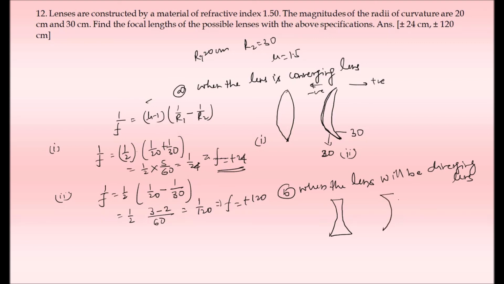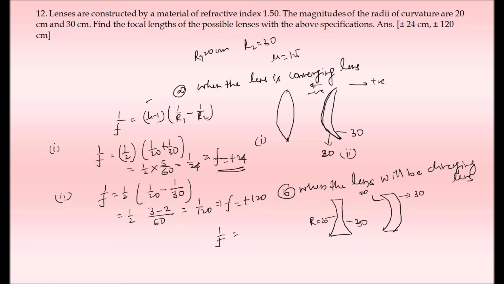So this is our convexo-concave lens, where this surface is a concave surface and it has a less radius of curvature, so it must be 20, and it will have more radius of curvature, that is it must be equal to 30. So again, if you apply the formula here, r is equal to 20, r is equal to 30.